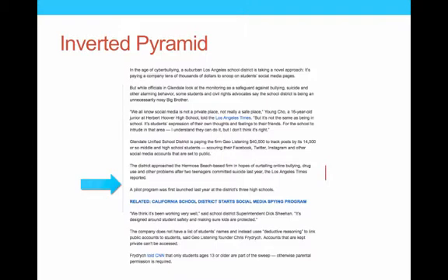So notice again that this story builds from that first sentence and starts to explain a little bit more. "But while officials in Glendale look at monitoring as a safeguard against bullying, suicide, and other alarming behavior, some students and civil rights advocates say the school district is being an unnecessarily nosy big brother." So now we've answered a more specific where, so this is in Glendale.